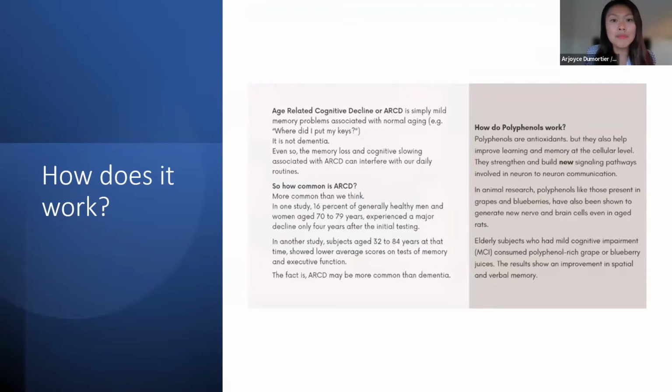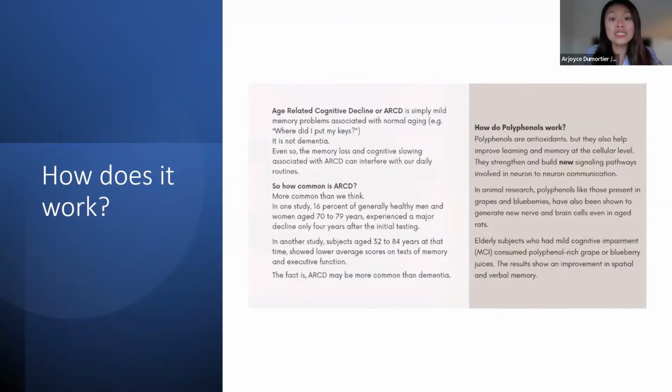It is simply mild memory problems associated with normal aging. As an example: where did I put my keys? Oh, what's her name again? Oh, how much does this cost? So on and so forth. Again, it is not dementia. Even so, the memory loss and cognitive slowing associated with ARCD can interfere with our daily routines.